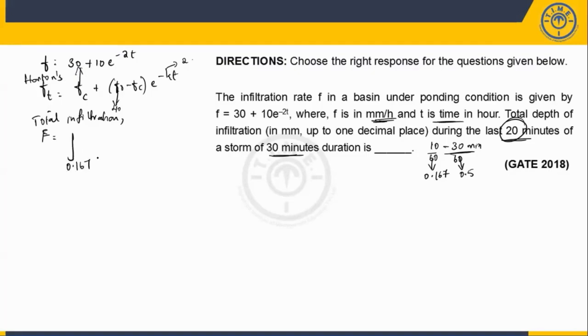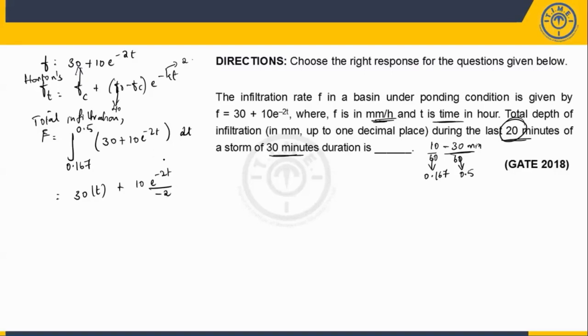Lower limit is 0.167, upper limit is 0.5, of the equation 30 plus 10 e power minus 2t dt. Now tell me the integration. Integral of 30 dt is 30t plus 10 e power minus 2t by minus 2.